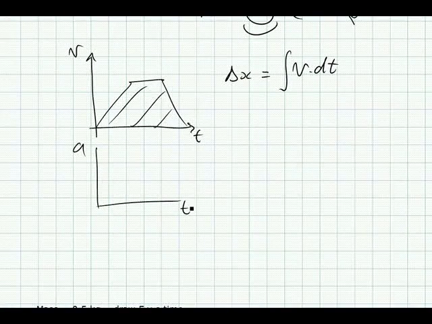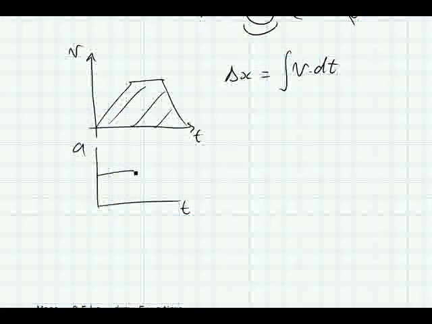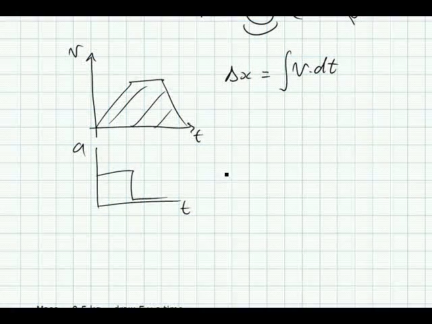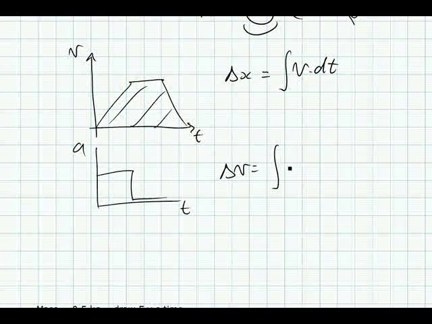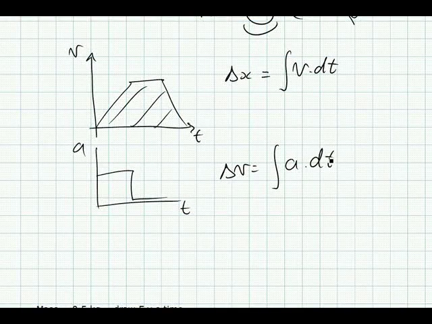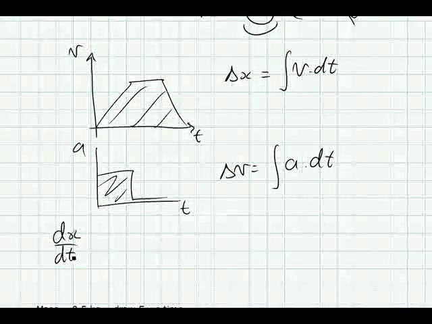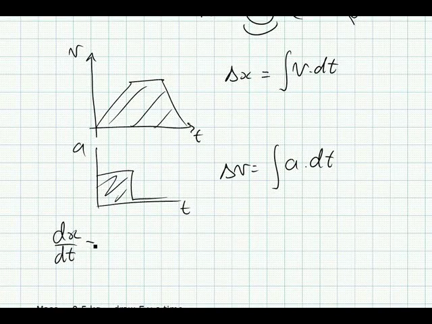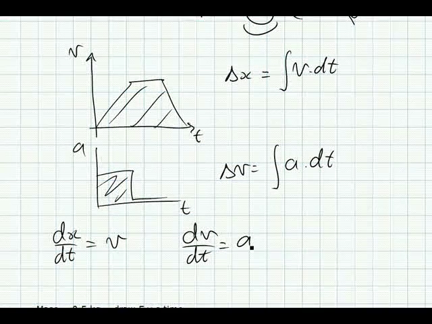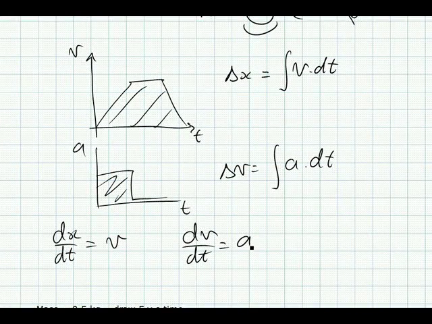And if we had acceleration versus time, then change in velocity was the area under the acceleration versus time plot in between two limits, whatever limits the problem specified. And if you recall, dx/dt, the slope, the derivative of position with respect to time gave us velocity, and dv/dt gave us acceleration.